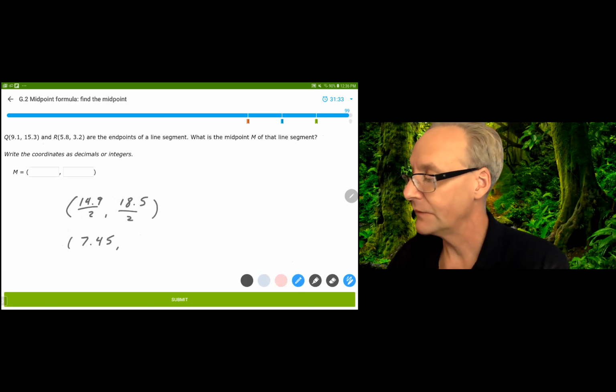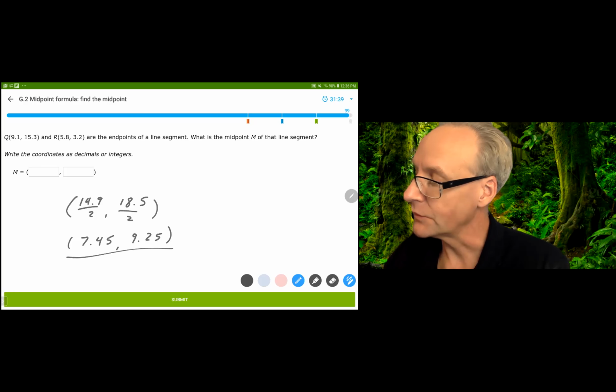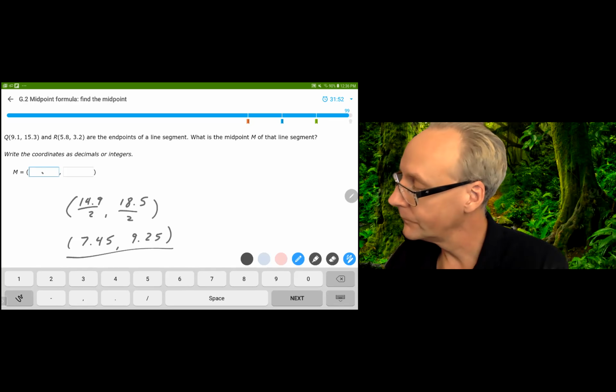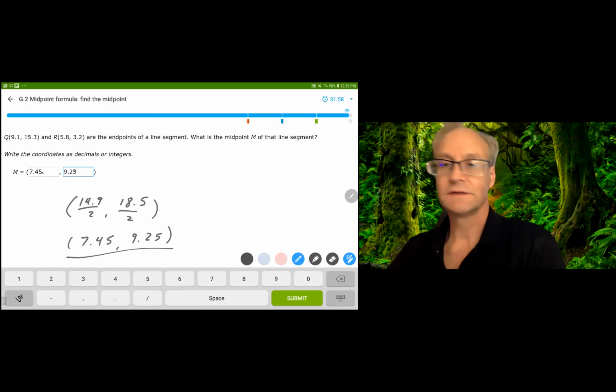And 18.5 divided by 2 is 9.25. And looks like we're done. I'm just going to double check my addition. That's 14.9, yep. And that is 18.5, yep. And that is correct, 9.25, yep. And 7.45, yep. 9.25. Sorry, it took forever.